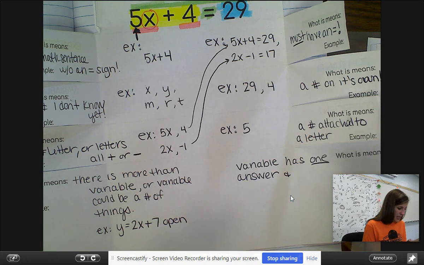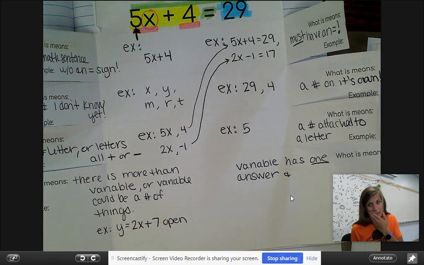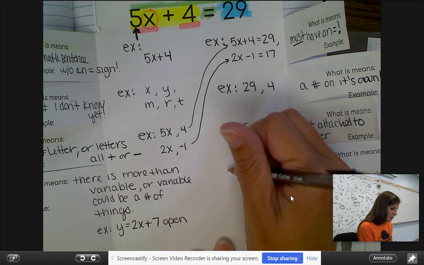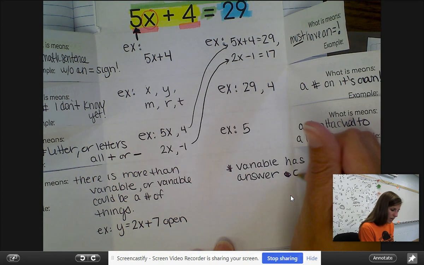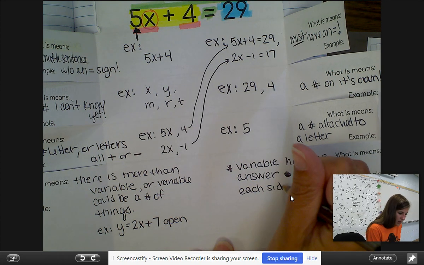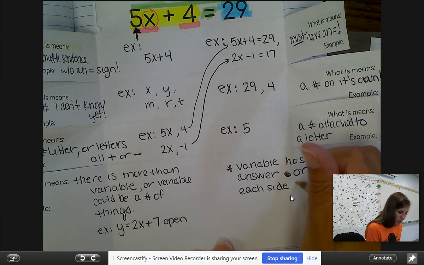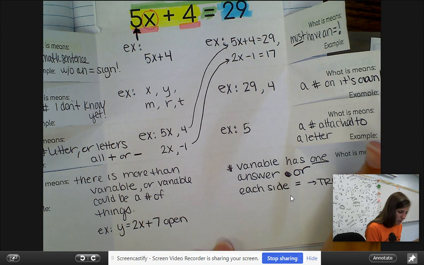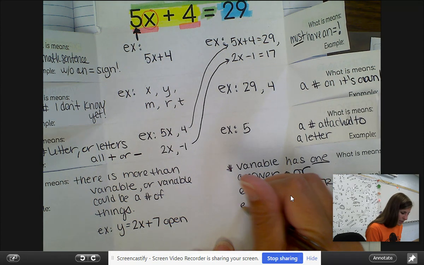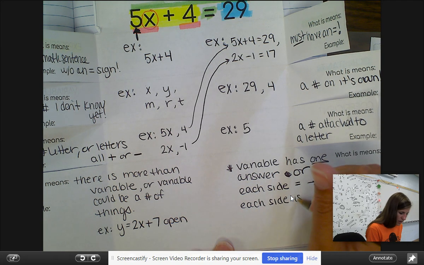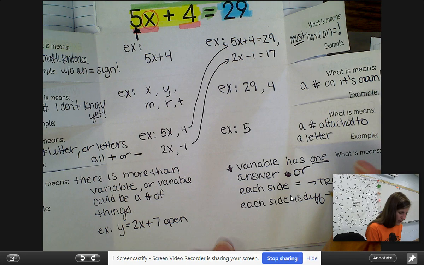And the other thing that could happen: each side equals, so therefore it's true, or each side is different, therefore it's false.